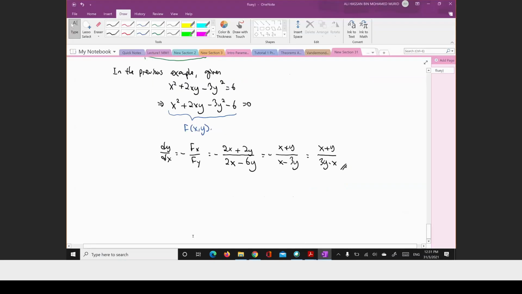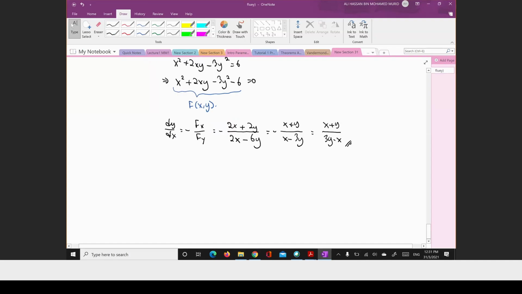So similarly, let me show how this method also works for functions of three variables.